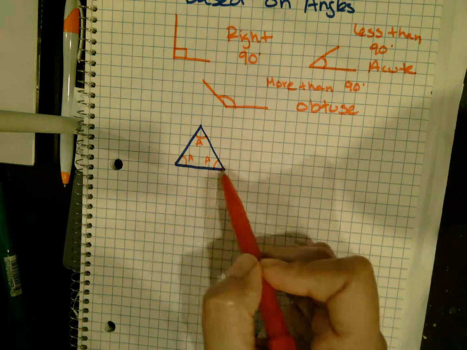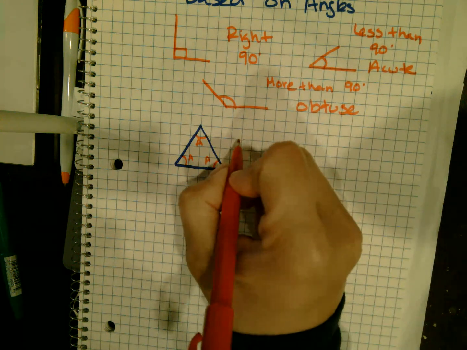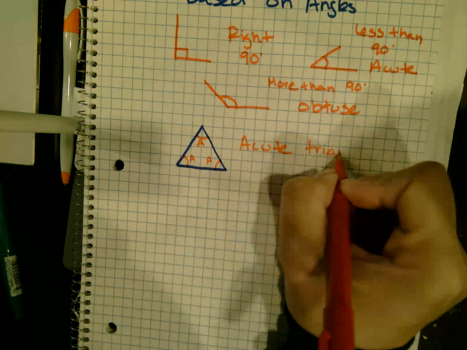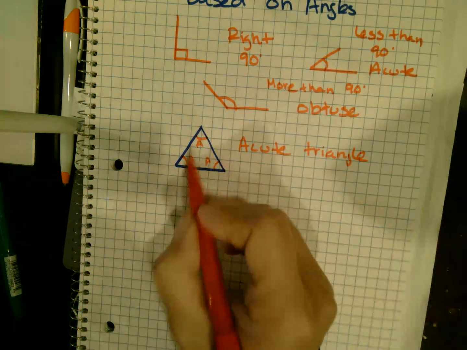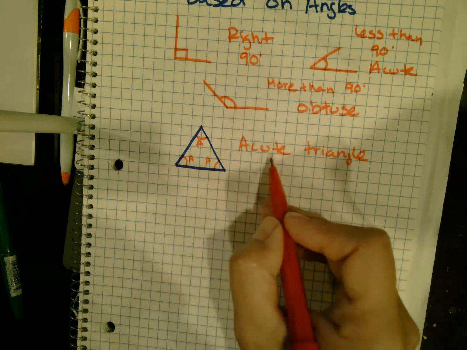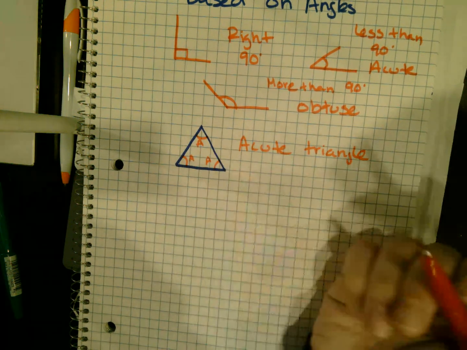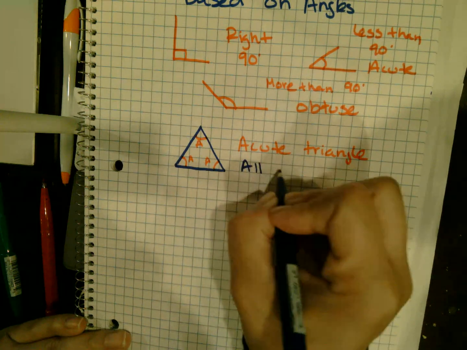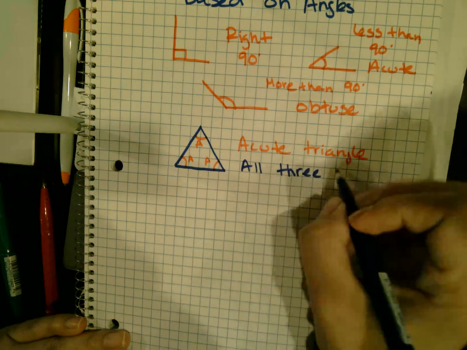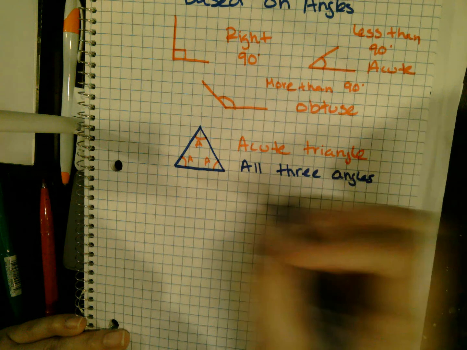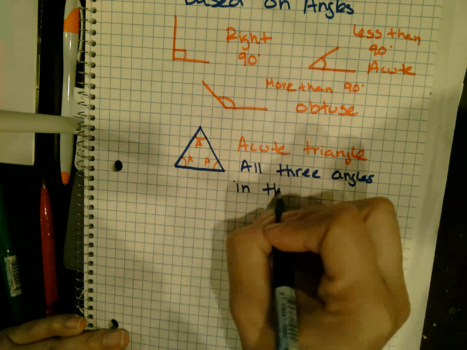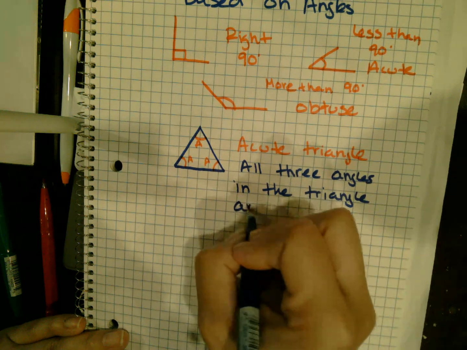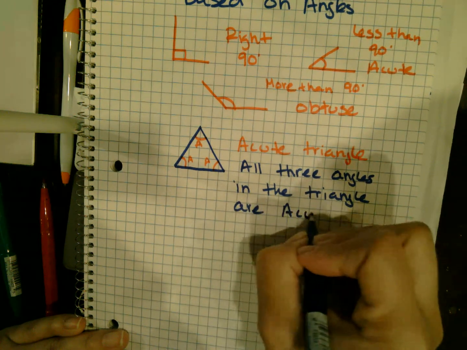So if they're all acute, then we're going to call it an acute triangle. So if they're all acute, you call them an acute triangle. All three are acute angles. So I'm going to write that down. All three angles in the triangle are acute.